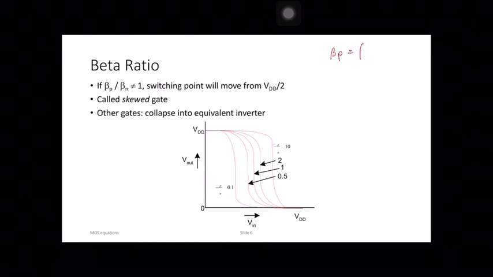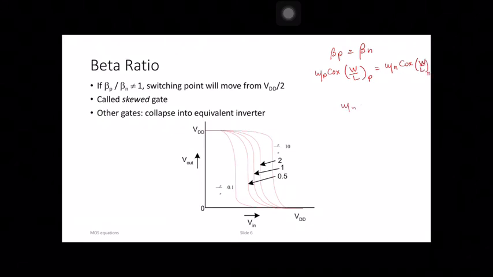You want to make beta P equals beta N, where beta P equals mu P times COX times W over L for P, and equals mu N times COX times W over L for N. So if mu N equals double mu P, in order to make beta P equals beta N, you have to double the width WP.